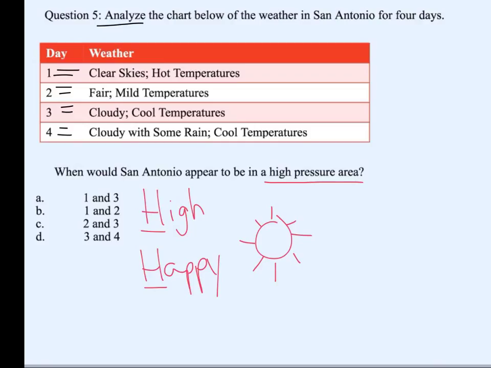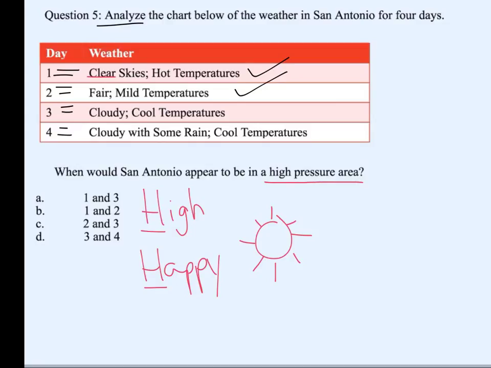Does day 1 have sunny, clear skies? Yeah, great job, they do. What about day 2? Does that have clear skies? Yeah, if it says fair, that also means that the skies are pretty clear and the sun's out. It's not cloudy. So this one also counts.